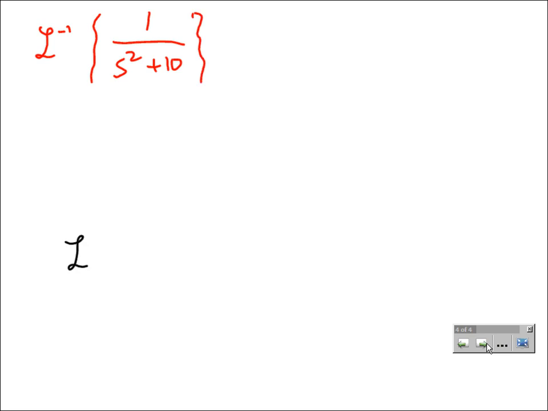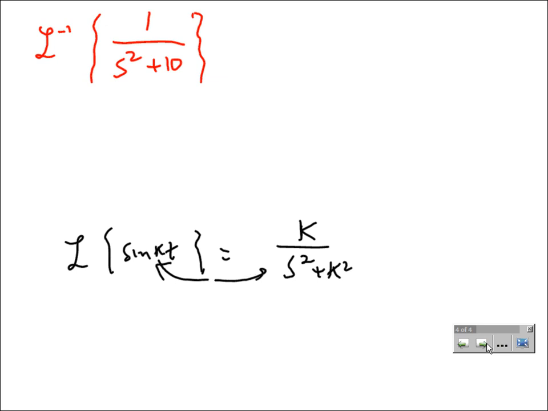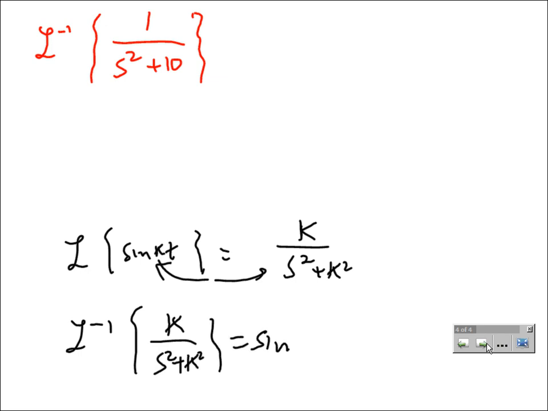Well, we know that the Laplace transform of something gives us k over s squared plus k squared, and it is the sine of kt, which means I can interchange those two, and I get the inverse Laplace of k over s squared plus k squared is the sine of kt.